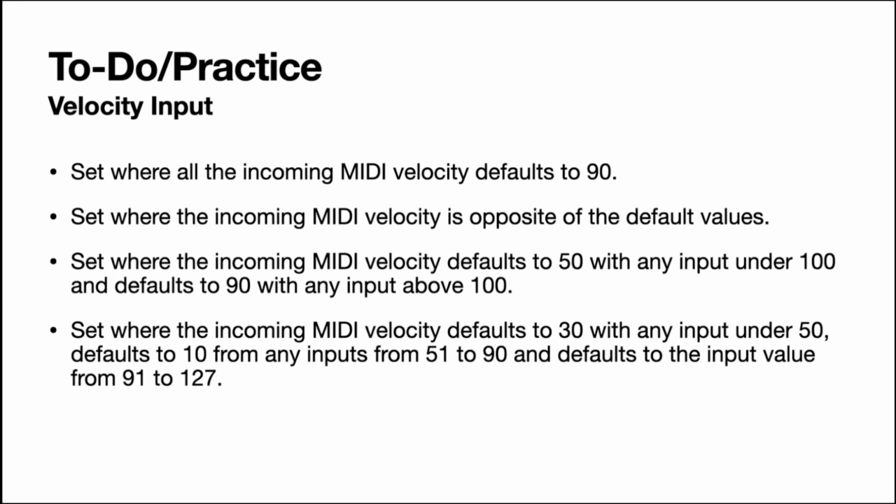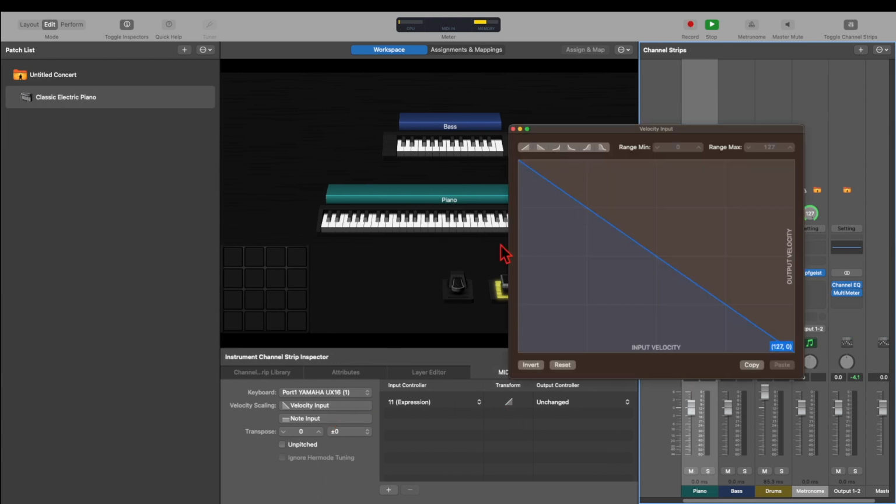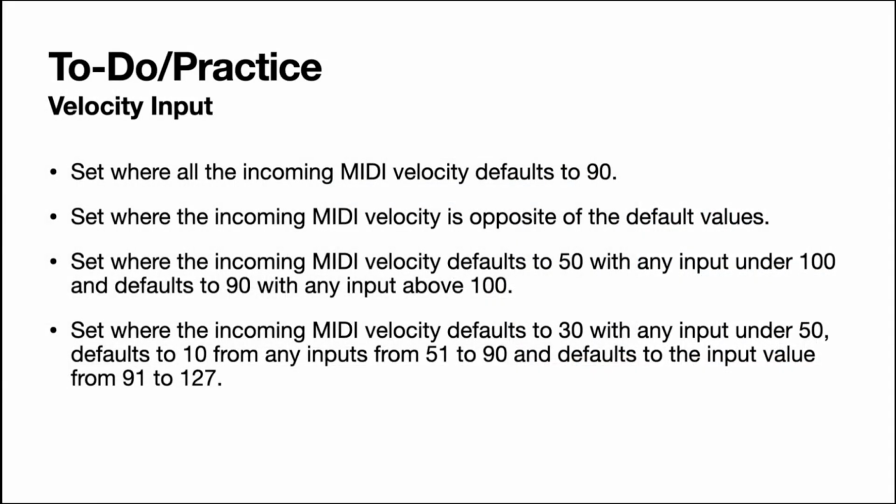So set where all incoming MIDI velocity defaults to 50 with any input under 100 and defaults to 90 with any input above 100. This is where it gets a little more complicated. The incoming MIDI defaults to 50 with any input under 100. So essentially a little two-step. It's under 100, which is right here. Defaults to 50.